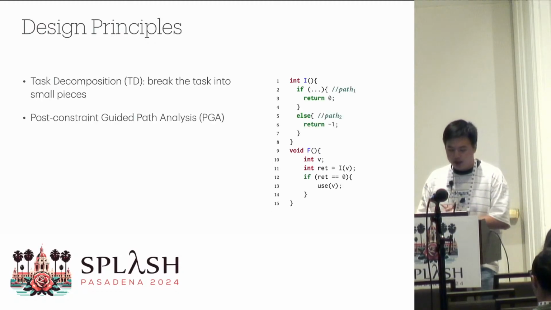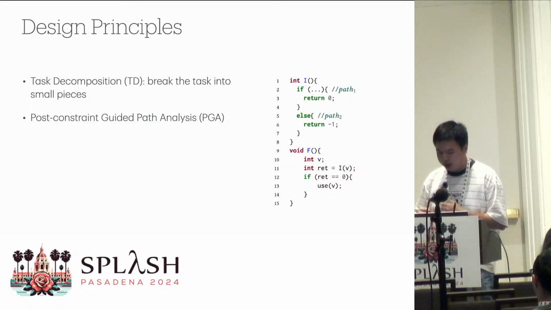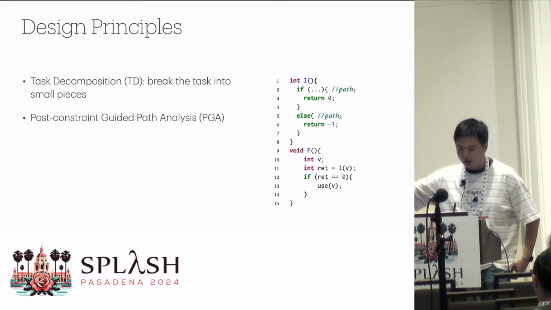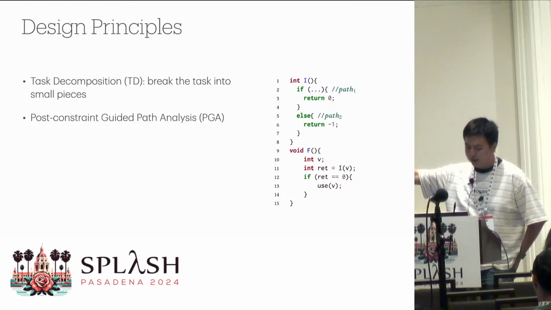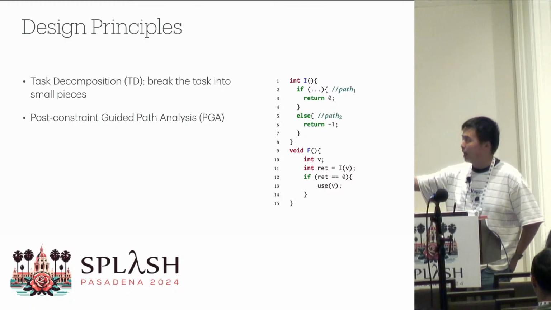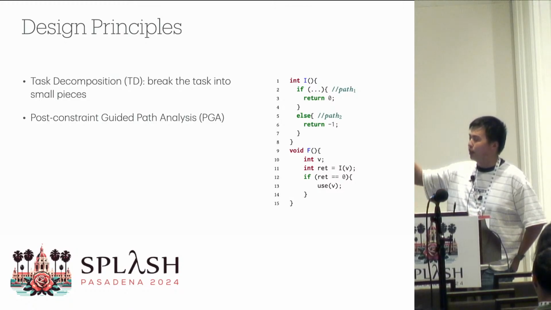And the second one is what we call post-constraint guided path analysis. This is just as this shows. There is a variable v used at line 13. Line 13 is the use of v, and the most critical part here is line 12. There is a check on the return value of the initializer: the return value equals 0.